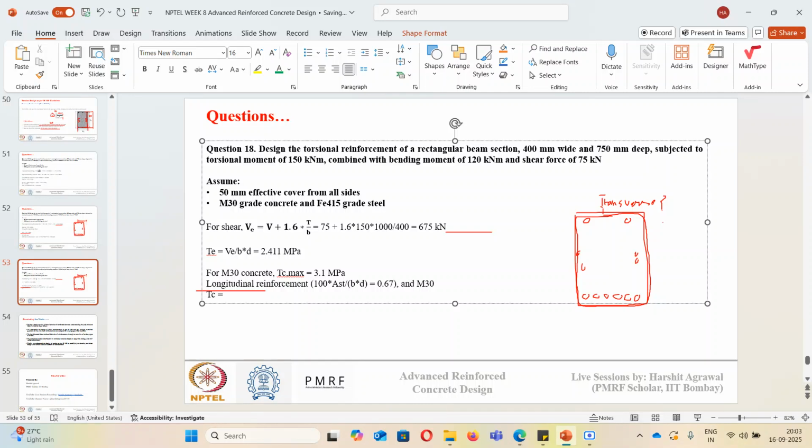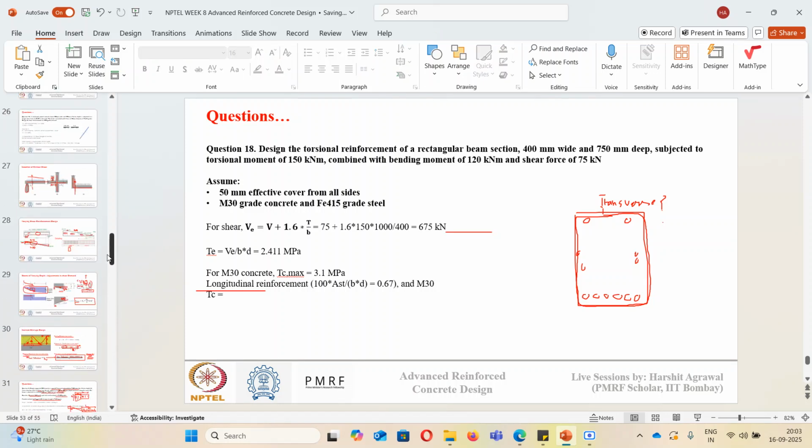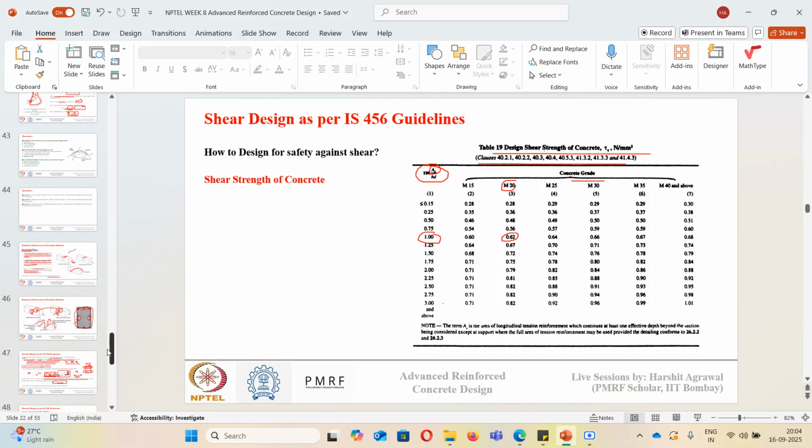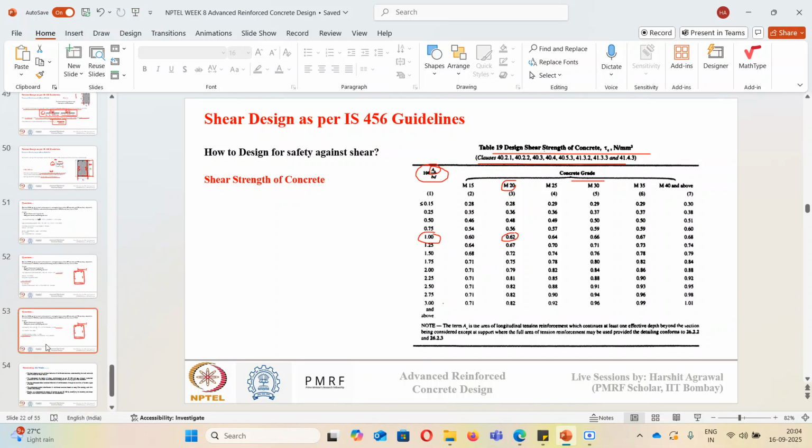For 0.67 and M30 grade, we'll use the chart, Table 19 that we saw earlier. 0.67 will lie between 0.5 and 0.75, so the shear strength of concrete will lie between 0.5 and 0.59.